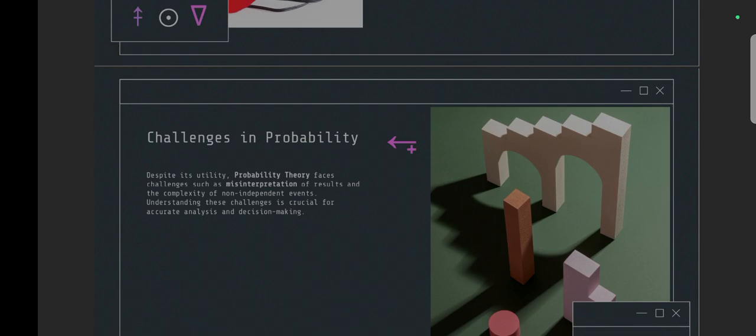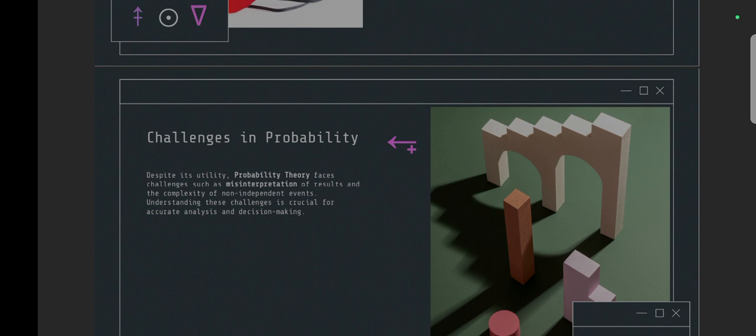Challenges in probability. Probability theory, while a powerful tool for understanding uncertainty, presents several challenges in its application and interpretation, like understanding of probability concepts, misuse of probability, sampling bias, overfitting in data analysis, rare events, independence assumptions, Bayesian versus frequentist perspectives, complex systems, and ethical considerations.